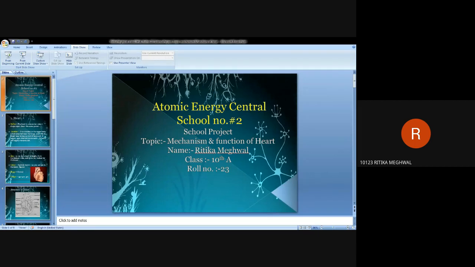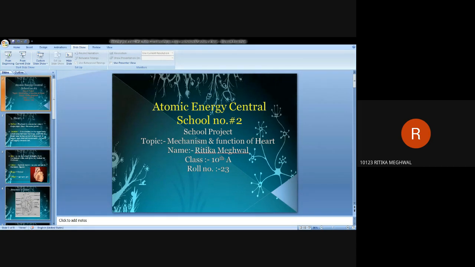Next, the size of the heart: 12 centimeters (5 inches) in length, 8 centimeters (3.5 inches) wide and 6 centimeters (2.5 inches) thick. Next, the color of the heart is reddish brown, as you can see in the figure below. The shape of the heart is conical and its weight is 250 to 300 grams.